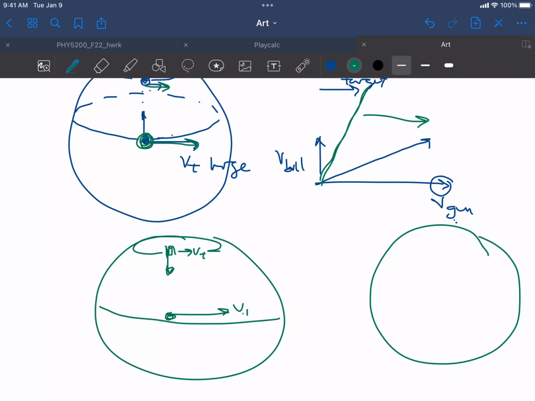And thus, with respect to the target, the bullet ends up coming up short of making it all the way to where it would need to be directly due north, because the bullet's eastward velocity as it was fired is much smaller than the eastward velocity of the target, just because of the shape of the Earth.